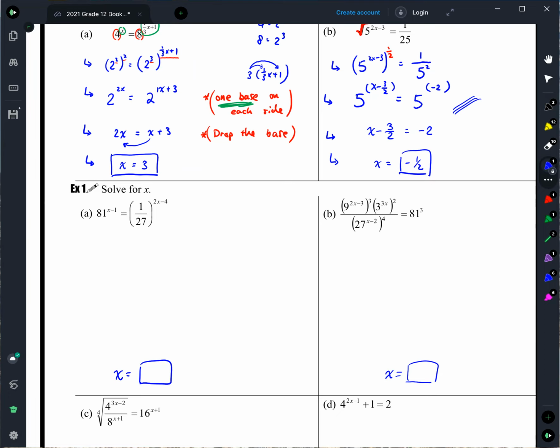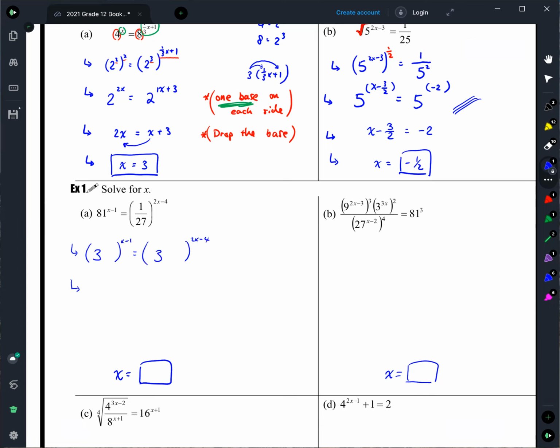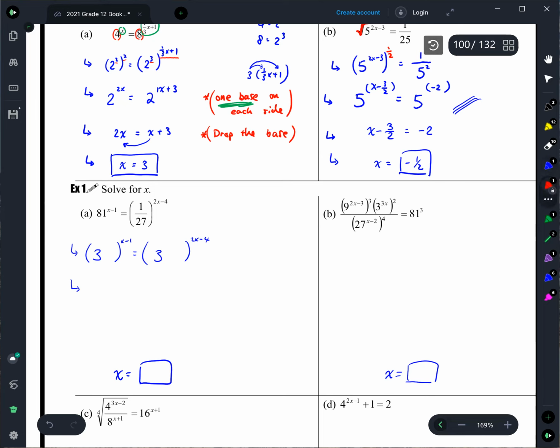So make sure you change both sides into base of 3. Okay, and we'll check inside the brackets.